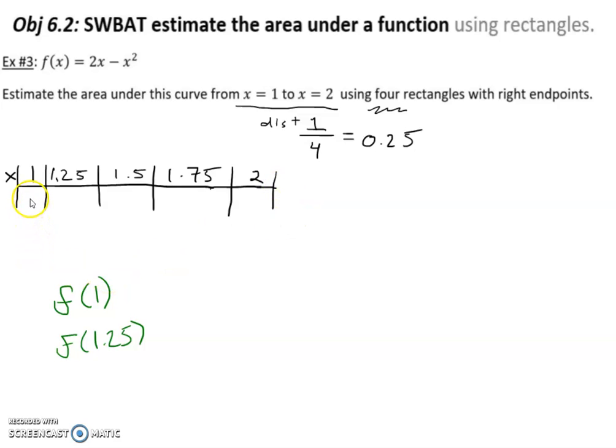So the y value at x equals 1 is also 1. And then I'm just going to do this again for each of the x values that I laid out in the table.